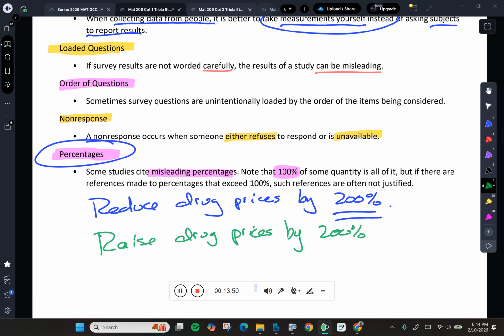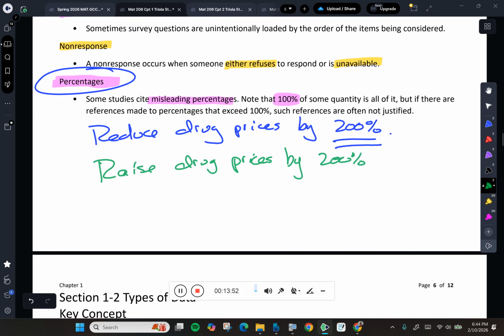If something costs $1 and you raised it by 200%, it would then cost $3. 200% of $1 would be $2. Raising it by that would take $1 plus the $2 to $3. So it could go up, can't go down. So be careful with percentages because how you represent them can matter.